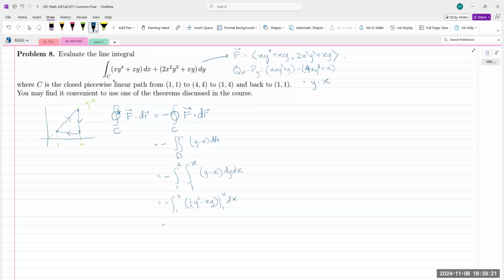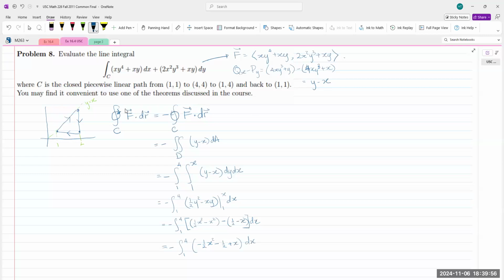Replace y by x and 1. By x, that will be 1/2 x squared minus x squared, minus, replace y by 1, that will be 1/2 minus x dx. So that's negative integral 1 to 4 of negative 1/2 x squared minus 1/2 plus x dx.